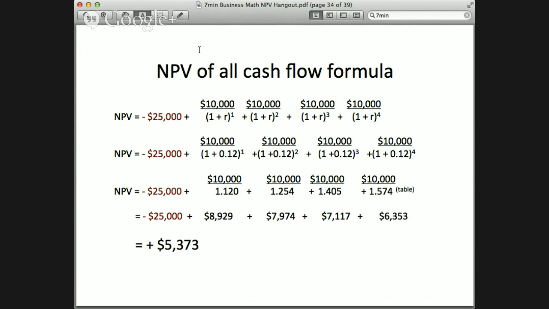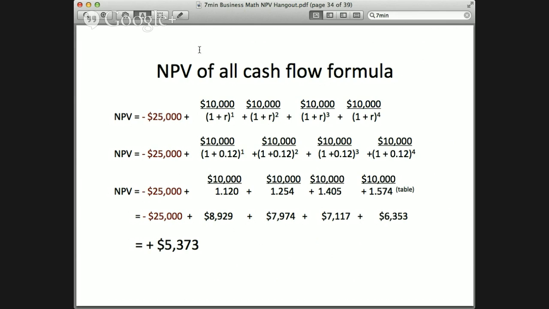This is machine A, so for the next 4 years, it's going to bring us in a consistent $10,000 each year. In the second row, we know that the rate of return must be 12%, so that's calculated according to the table. Minus 25,000, then we do the calculation, 10,000 divided by 1.12, and so on, for each of those 4 years.